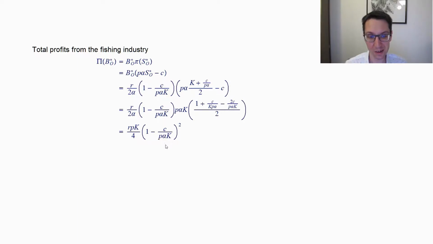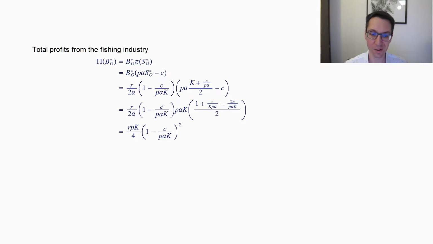Well, because again, P alpha K is larger than C, so C over P alpha K is smaller than 1. If the cost of renting a boat goes up, then the profit goes down. If the reproduction rate of fishes goes up, then it's good for profits. So yeah, everything makes sense.